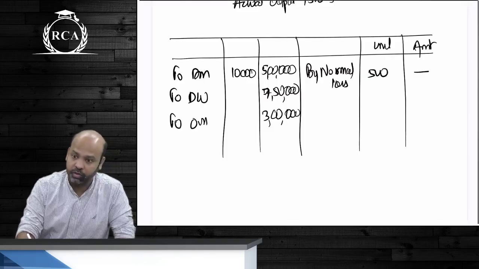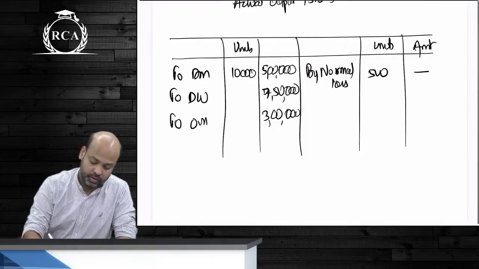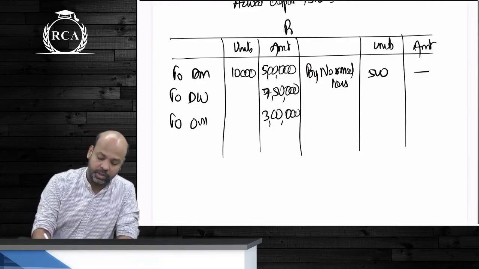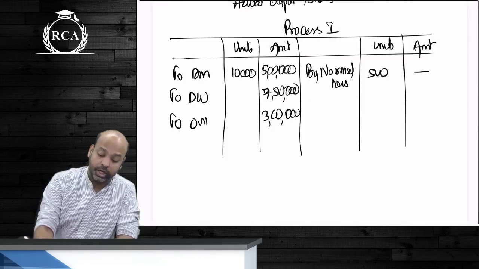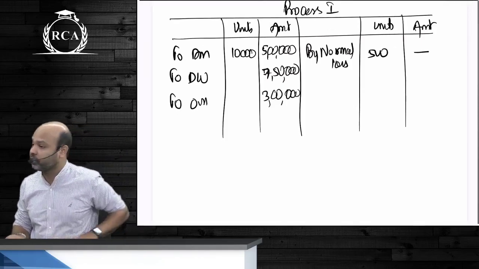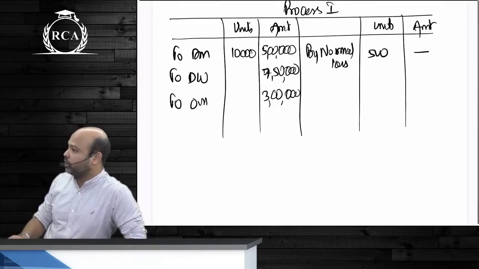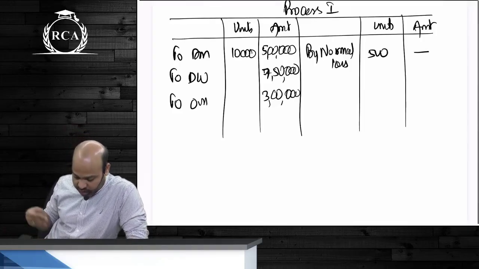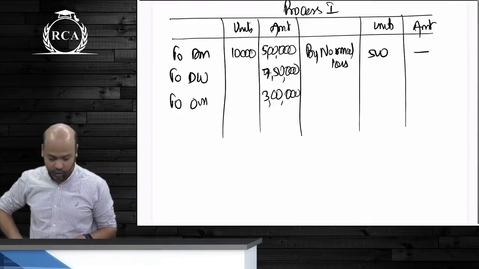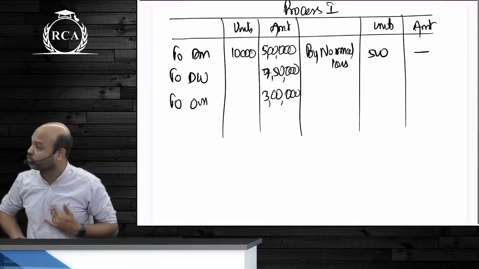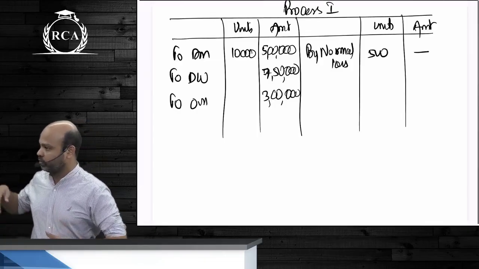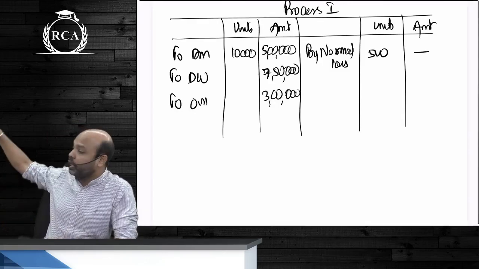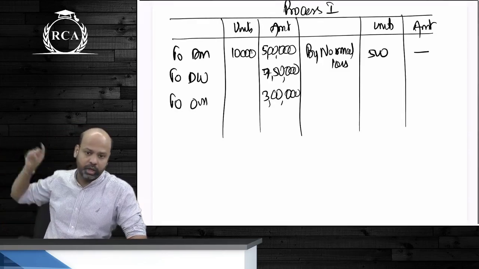Why should I write 0 rupees? If I write anything in the amount column, guys, I will end up allocating an amount of cost to normal loss. And we know that normal loss, beta, is not given any share of expenditure. In fact, the cost of normal loss should always be adjusted to the cost of remaining good units. For that to happen, guys, you will not write anything in the amount column. Are we clear about this?